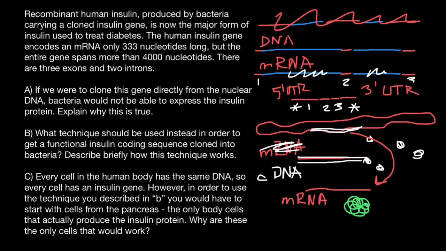The same is true with the pancreas, where we can find a lot of messenger RNA which codes for insulin, and many other genes that would be active in other tissues would be shut down. So in the pancreas we can find a lot of messenger RNA of our interest. So we are going to use these cells and not other cells where this gene would be inactive, so messenger RNA would not be produced and we wouldn't be able to make a double-stranded DNA copy, or cDNA, of this messenger RNA.